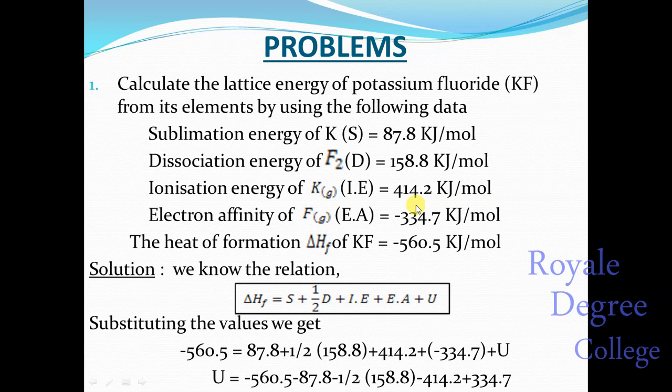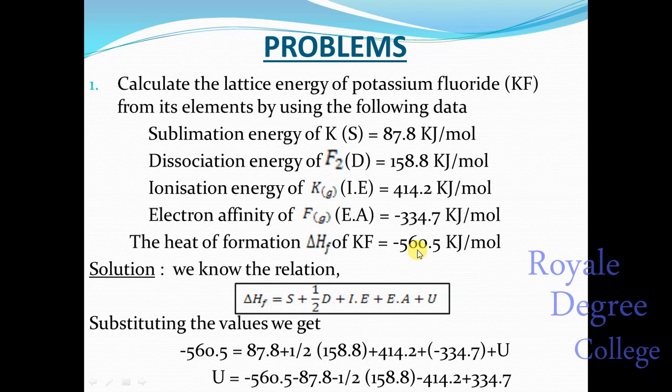Ionization energy of potassium, which is in the form of gas, its value is given as 414.2 kilojoules per mole. Electron affinity of fluorine, which is in the form of gas, its value is given as minus 334.7 kilojoules per mole. Heat of formation, that is delta HF of potassium fluoride, its value is given as minus 560.5 kilojoules per mole.